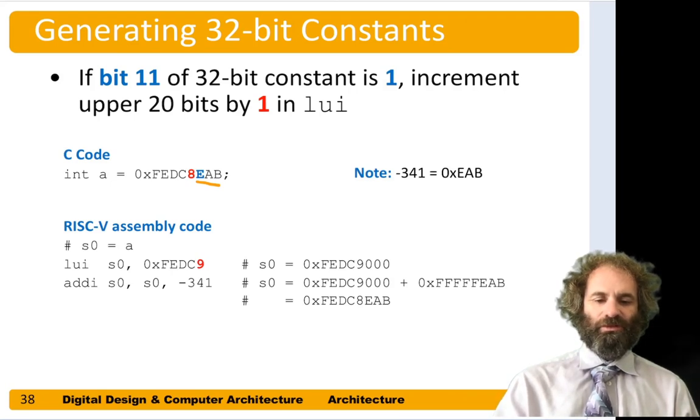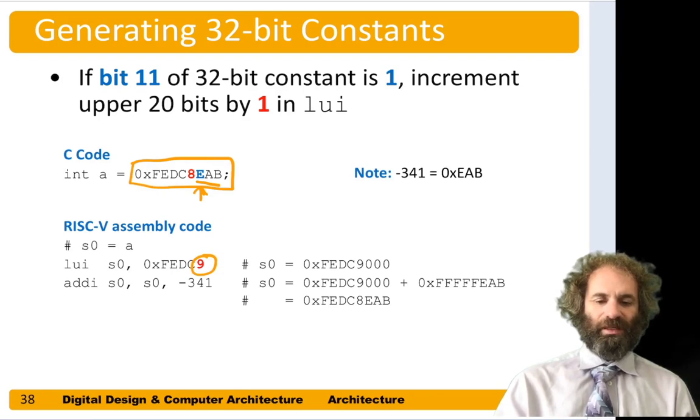So if we want to load a constant that's 32 bits, where the most significant bit of the bottom 12, it's bit 11, is a 1, we need to increment the upper bits of the LUI by 1.